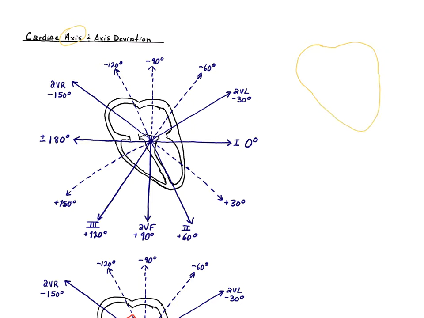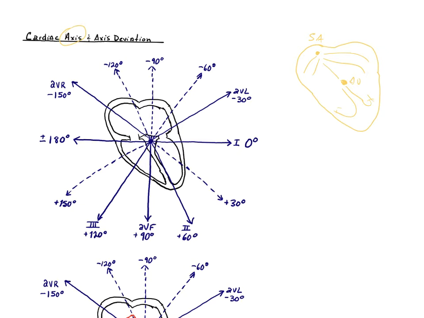Can you guys see that okay? Cool. So if you imagine your heart, and you've got your SA node here, and then your intra-atrial pathways, it gets stopped at the AV junction, it goes down the bundle branches. Okay, so we've got something that looks like that.